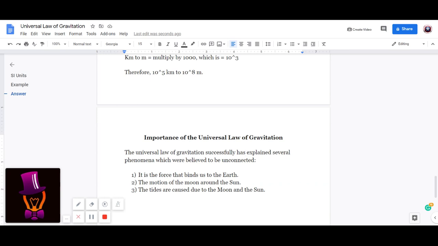Third, the tides are caused due to the moon and the sun. So all these three points will not be possible without the Universal Law of Gravitation. We can't imagine a world without the Universal Law of Gravitation. So we need to appreciate that.